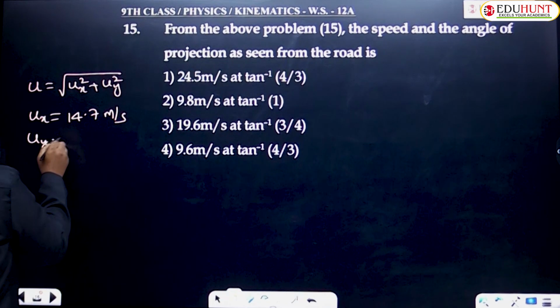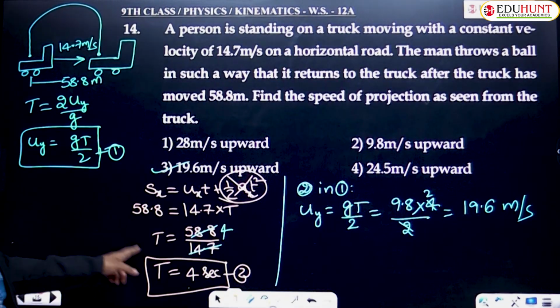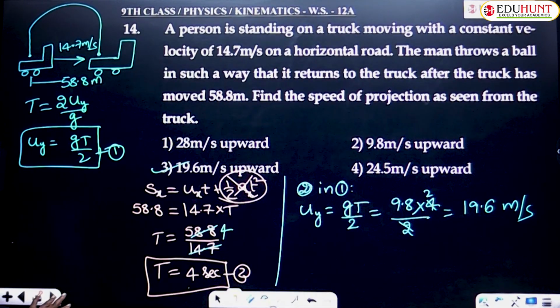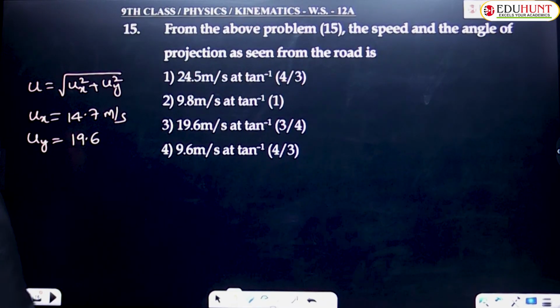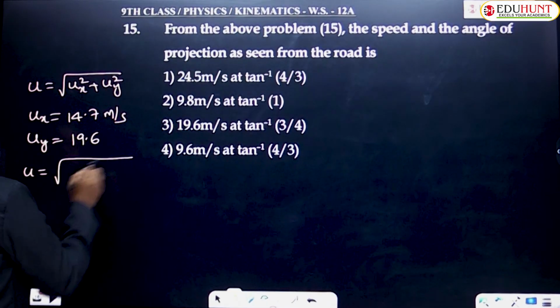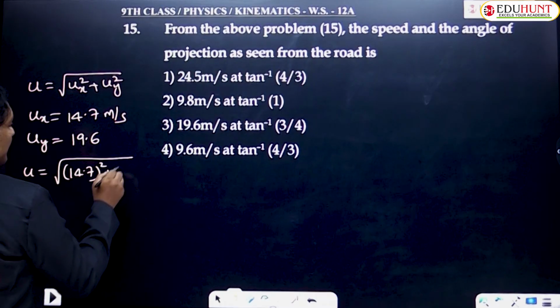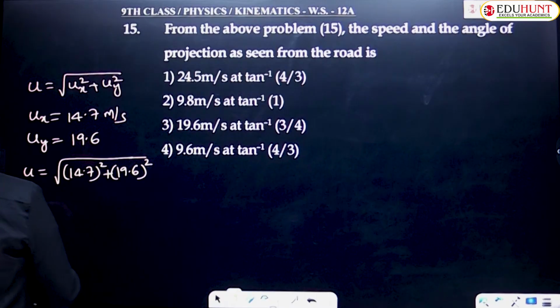Whereas the vertical velocity of projection, we have calculated as 19.6 meter per second. Let us substitute in the above equation. Then the speed of projection is given as under root 14.7 whole square plus 19.6 whole square, isn't it?